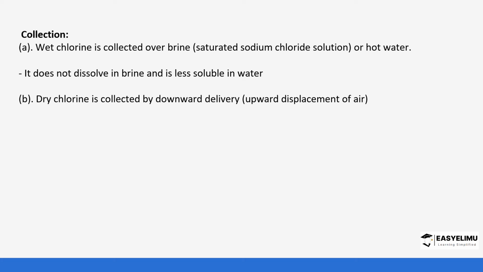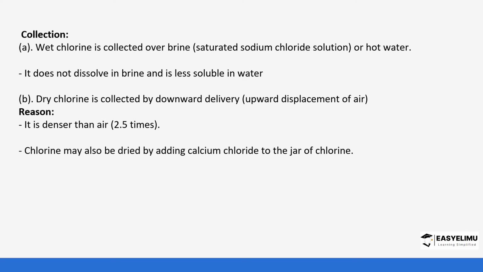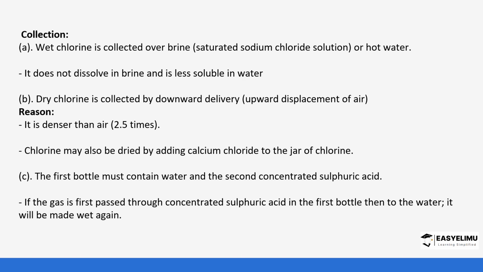If you want to collect a wet one that is not dry, you can do so by collecting it over hot water because it's less soluble in water and does not dissolve in brine. But if we want it to be dry, we have to pass it through concentrated sulfuric acid or anhydrous calcium chloride, and it is collected by downward delivery or upward displacement of air because it's denser than air.